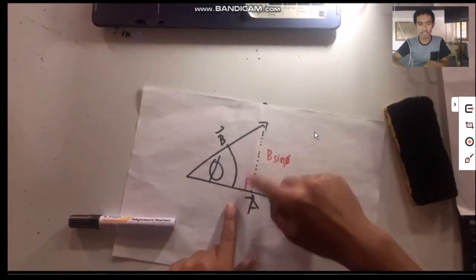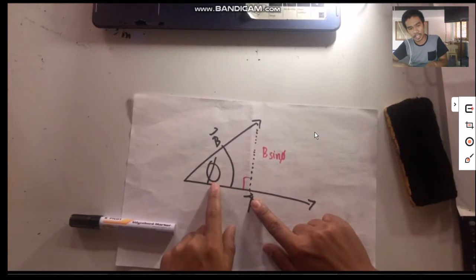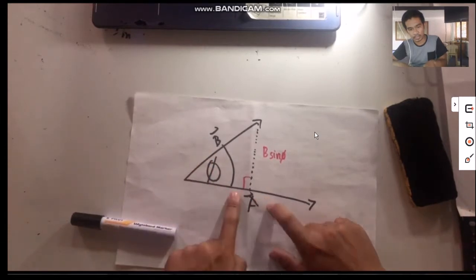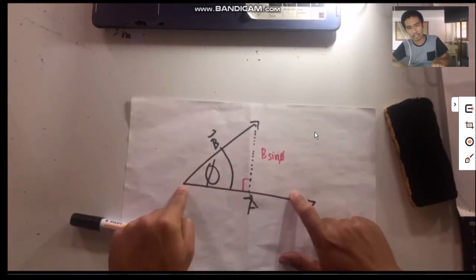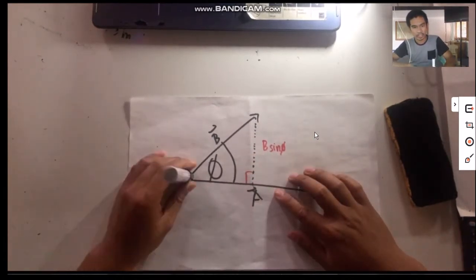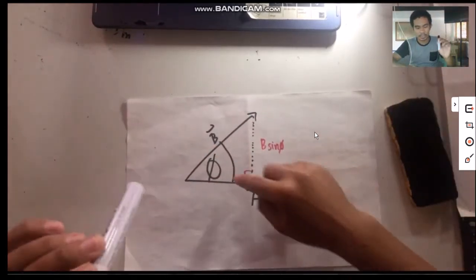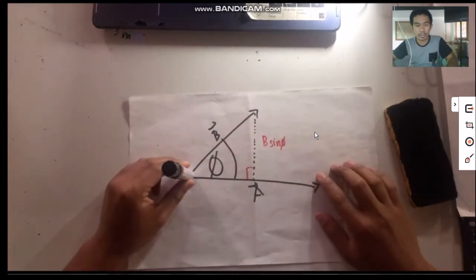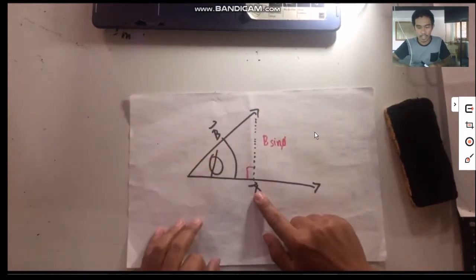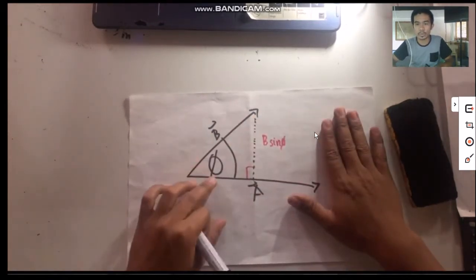Suppose these are the two given vectors, vector A and vector B. There is an angle between them, angle phi. This is the common point where the tail of vector A and the tail of vector B are placed. The cross product of these two vectors, we can represent as the third vector with this marker. The product is perpendicular to both vector A and vector B. Vector A and vector B are lying on the same plane, so these two vectors are coplanar.